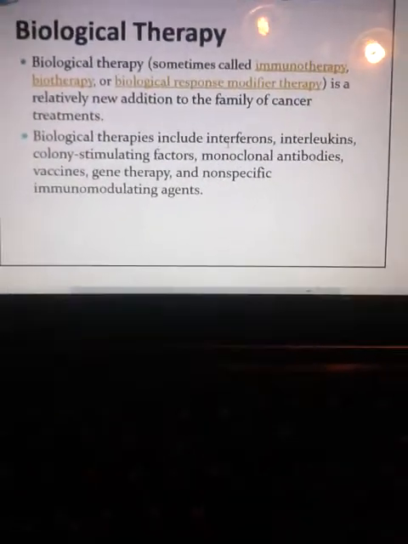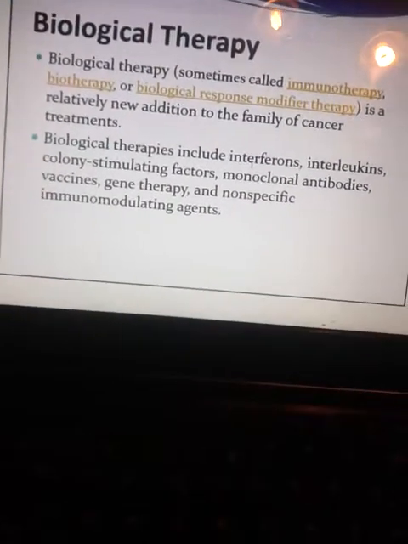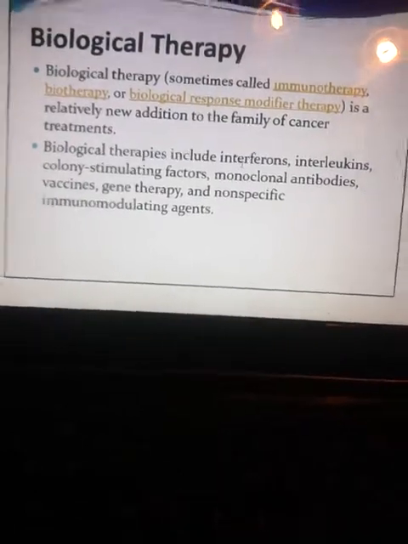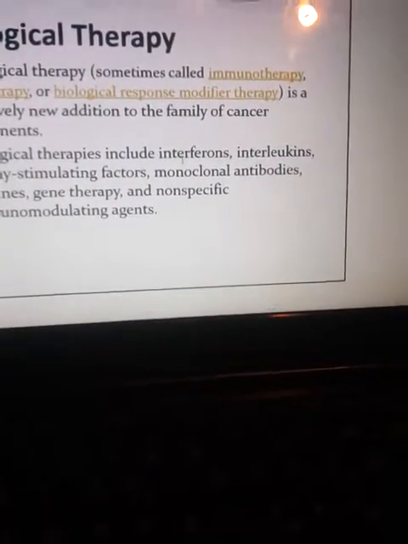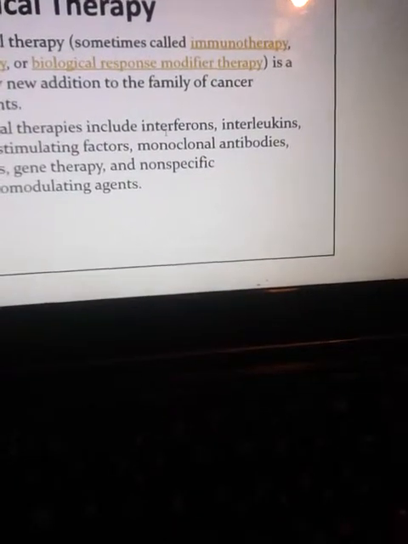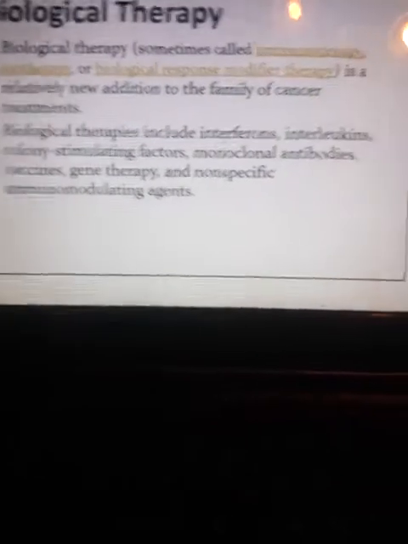Biological therapy, sometimes called immunotherapy, biotherapy, or biological response modifier therapy, is a relatively new addition to the family of cancer treatments. Biological therapy includes interferon, interleukin, colony-stimulating factor, monoclonal antibody, vaccine, gene therapy, and non-specific immunomodulating agents.